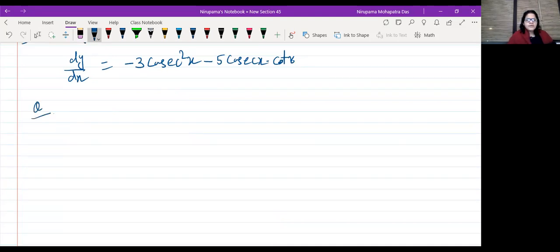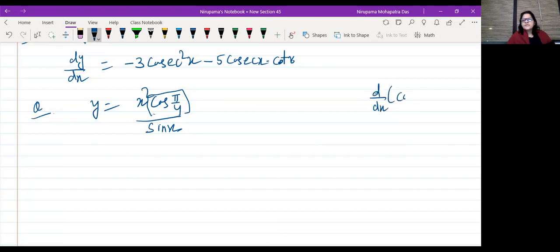We are having y equal to x square cos pi by 4 divided by sin x. Whenever you see this question, remember whenever we write d by dx of cos x, that is minus sin x.